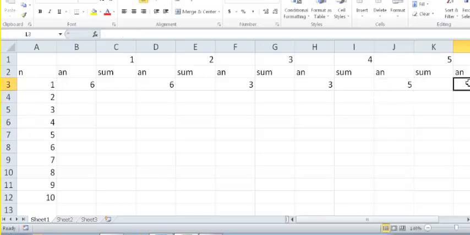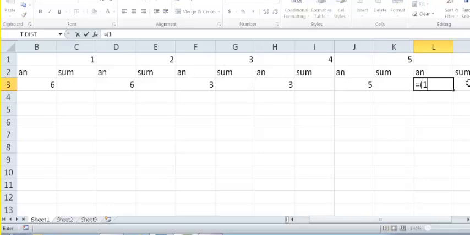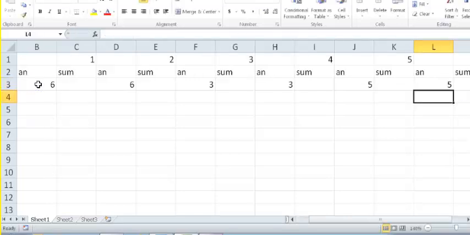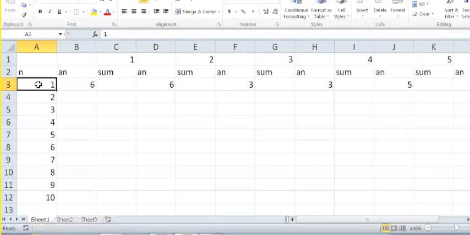And then the last one is the same thing, -1 raised to the n minus 1 times 10 divided by n divided by 2 to the n. I guess that should end up being 5 too. Okay, so that's the equation, and so we could copy those down if we wanted to. But let's just do the next part.